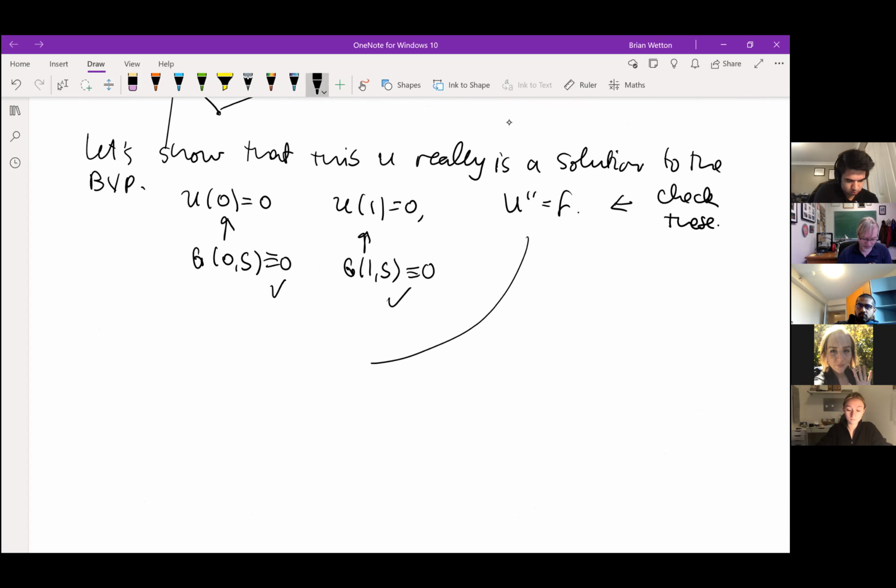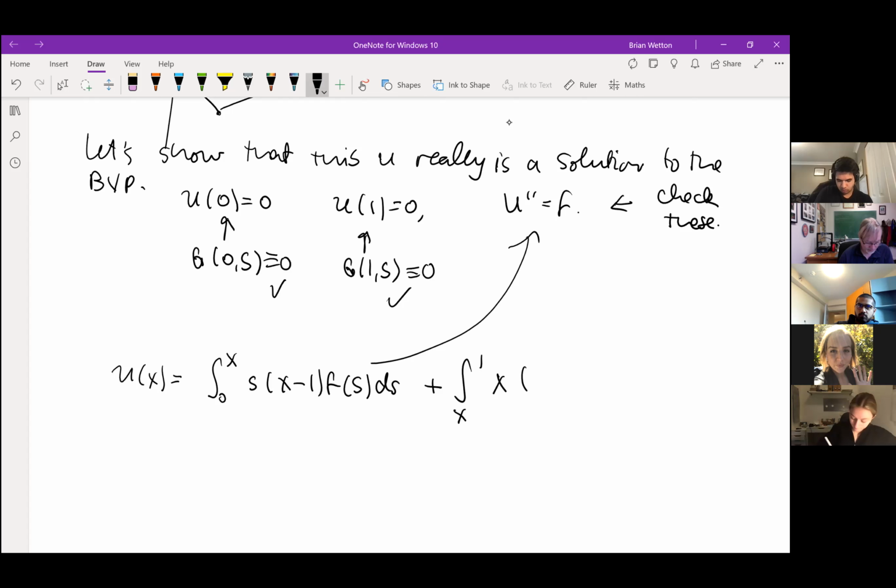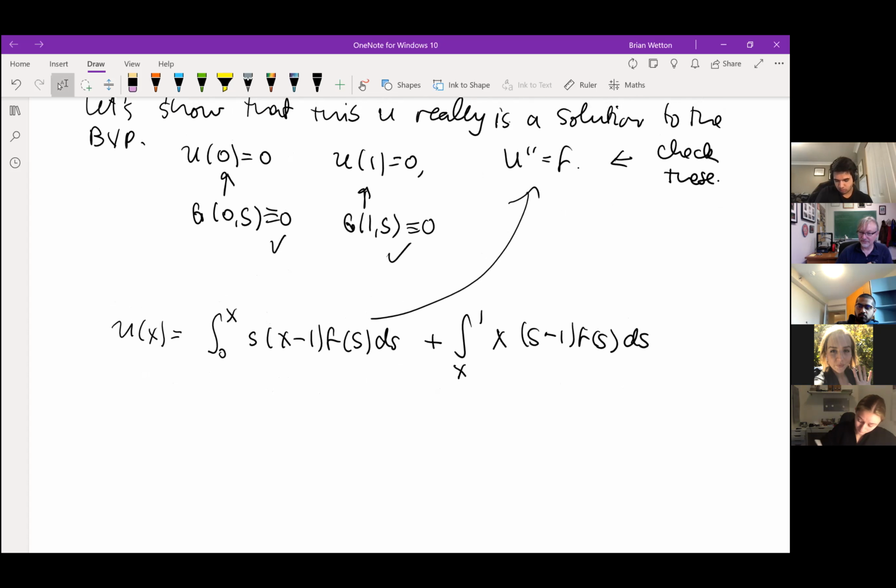Now let's have a look at this one. Now, to do this, I'm going to separate out the two definitions, and I'm going to take the first derivative and see what comes out. And I'm going to take the second derivative and see if it equals f of x. Okay.